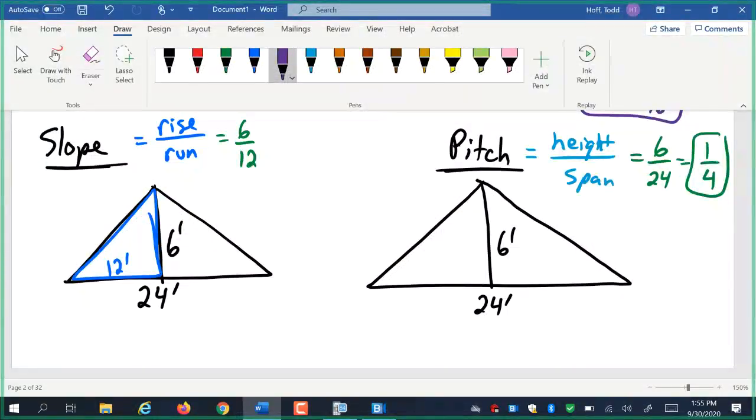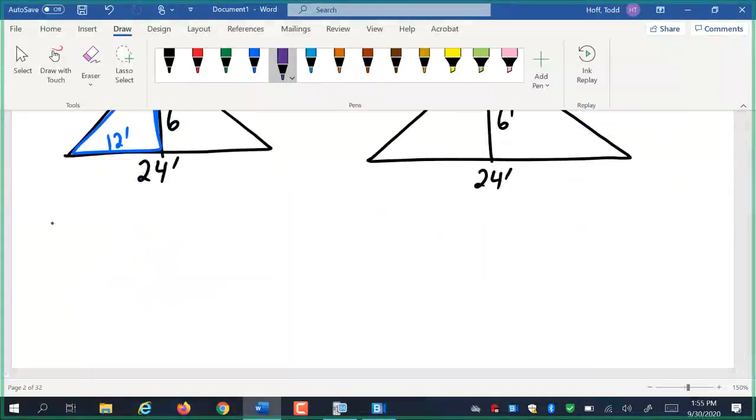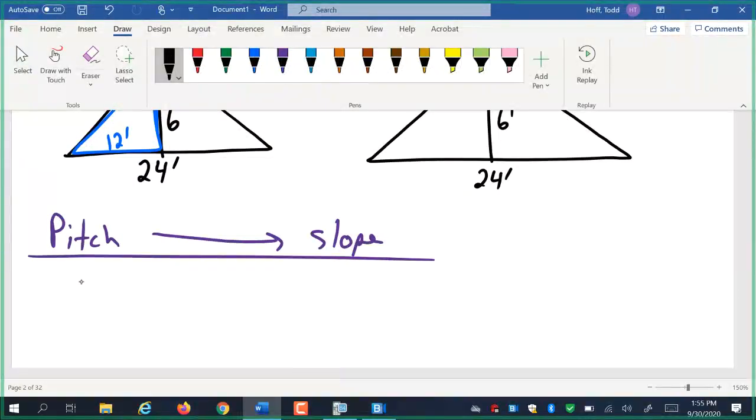Well, how do we convert from one to the other? If we know the pitch and want to convert to a slope, let's say I have a 1/3 pitch.